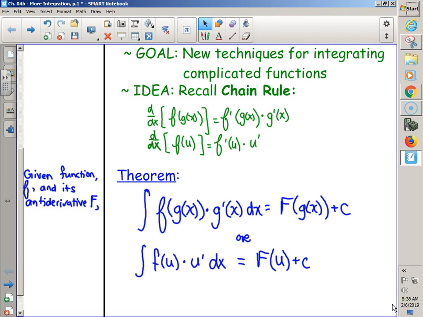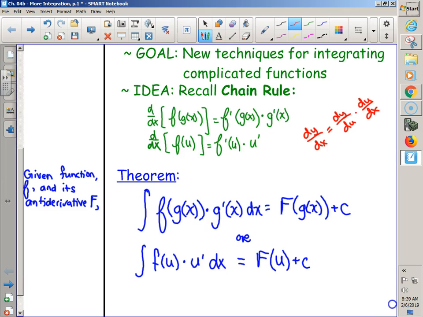I'm trying to think if there's a better way I want to show this. We did at one point talk about how to get dy dx. We needed dy du times du dx.